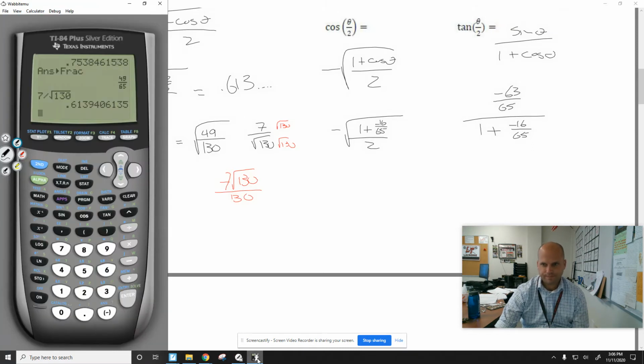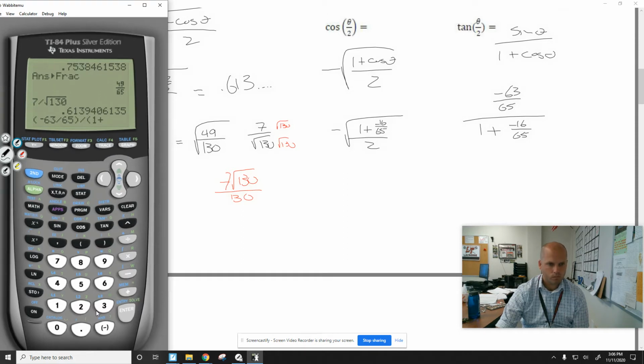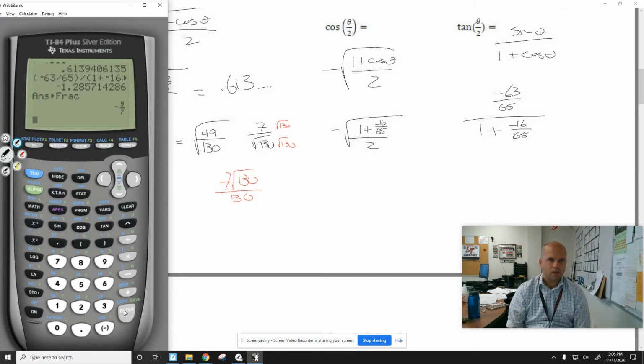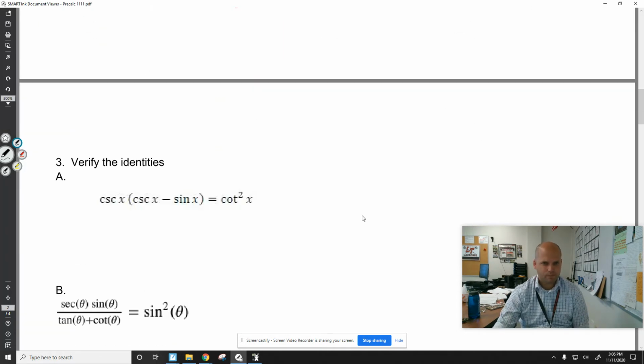And like this is annoying. Negative 9/7. Could have done that. This is 65 65ths. 65ths would cancel. We'd be able to simplify that, but whatever.